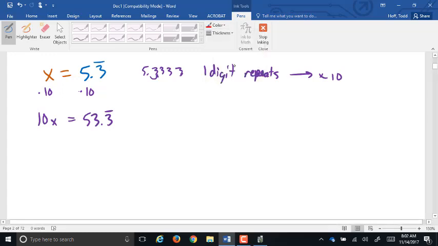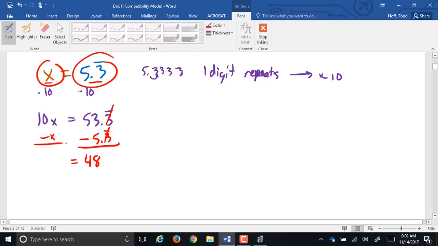Now what I'm going to do is subtract from this the 5.3 repeating. So the 3s all subtract out. Those cancel out. 53 minus 5 is 48. On this side, I'm going to subtract the 5.3 repeating as well, but 5.3 repeating equals x, so I'm just going to subtract x instead. It's the same thing. 10x minus x, 10 minus 1 is 9x.